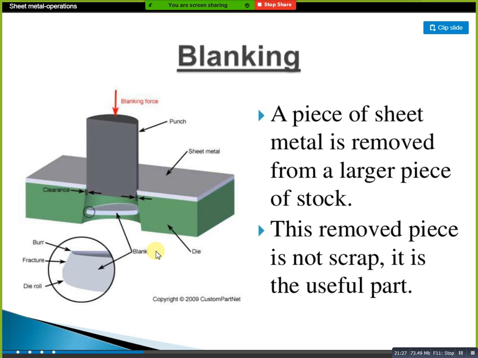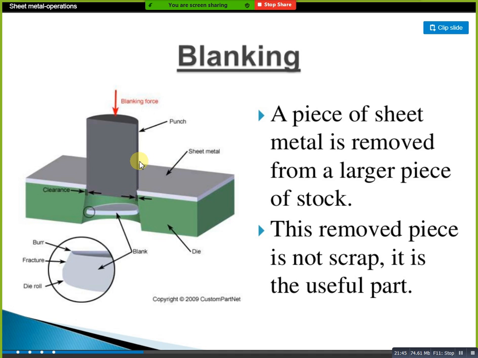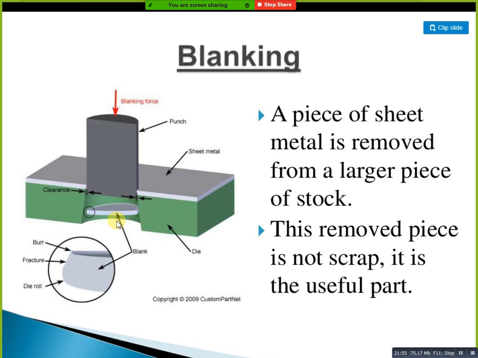What you remove, that portion is useful for us, you can mention that is a blanking operation. For example, if the larger portion or larger stock is useful, that we consider as punching. Main difference is that. What you removed, this circular shape we removed, that part we are using in present operations also, then you can consider blanking. For example, you are not using this portion, you are using this plate, you just removed that part. That condition, you need to consider that is punching.